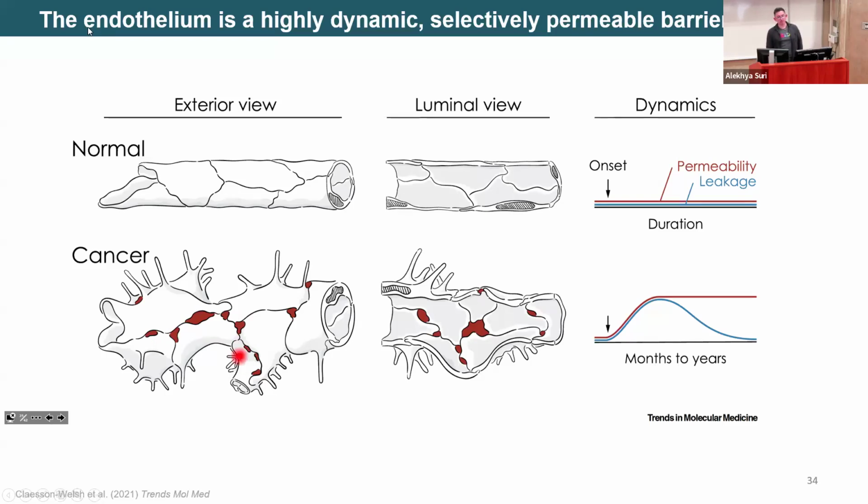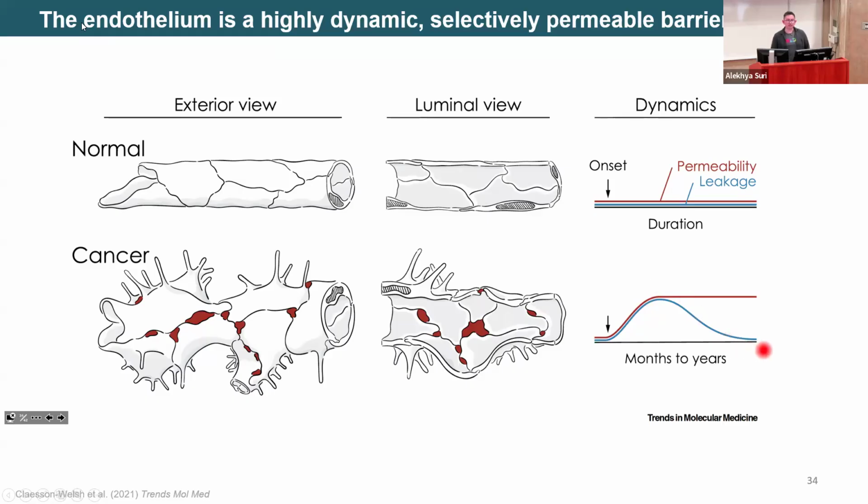And over the course of months to years, the pro-angiogenic factors increase the permeability of the endothelium, particularly close to the tumor. And there's a transient increase in leakage. Again, transient, we're talking about months to years.